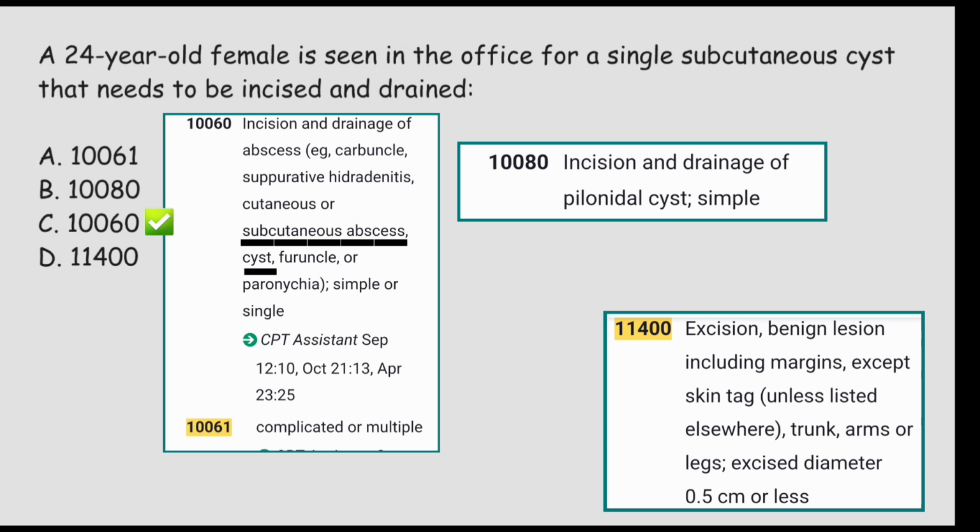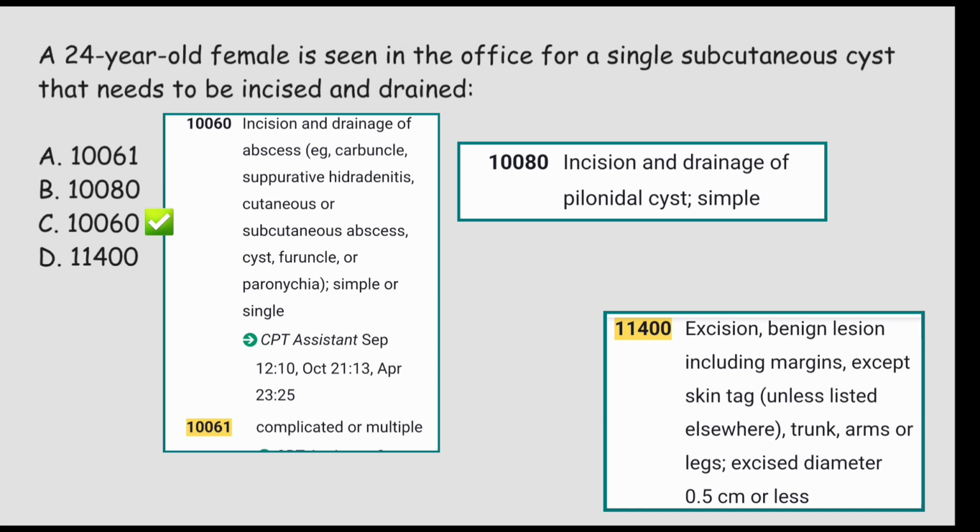Therefore we can use the code 10060. We'll eliminate option A, 10061, because that is for complicated or multiple. But in the scenario they have mentioned a single subcutaneous cyst, and also it is not a complicated procedure. Therefore we cannot code complicated or multiple.